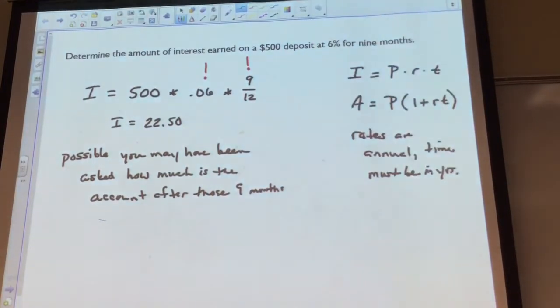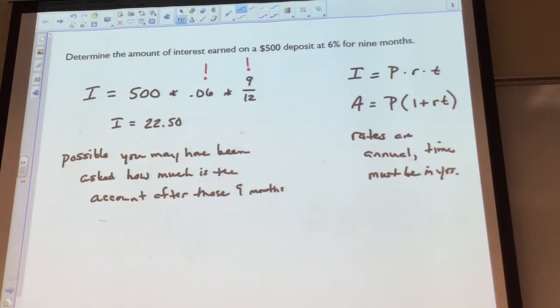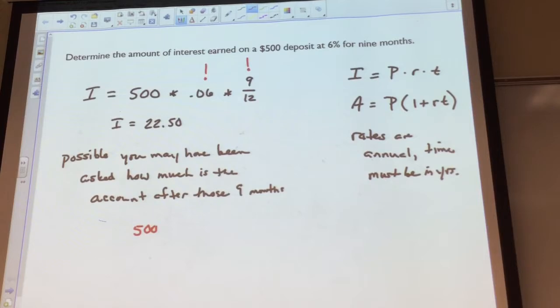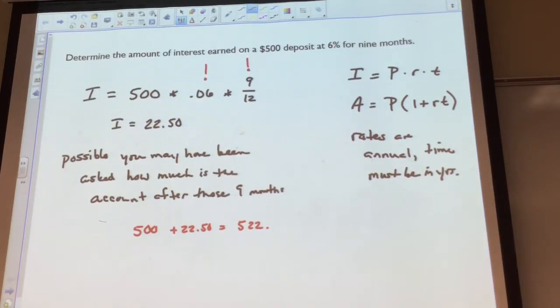If that would have been the case, could you have still started off this way? Sure you could have. What did you put into the account to begin with? $500. And now if you just picked up another $22.50, shouldn't you have been able to figure out that the amount in the account at the end was going to be $522.50?